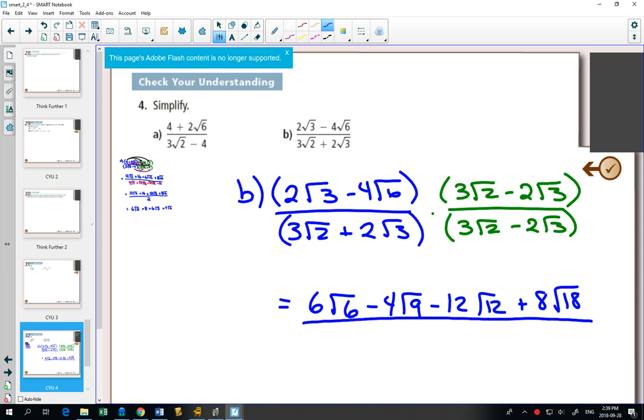Doesn't matter what order you did your arrows. On the bottom, you're going to get 9 root 4 and then minus 6 root 6 plus 6 root 6 and then minus 4 root 9.